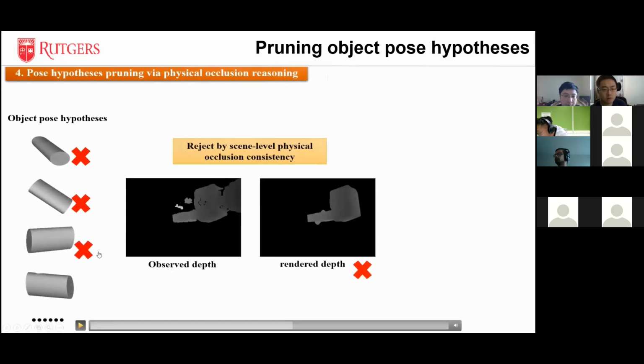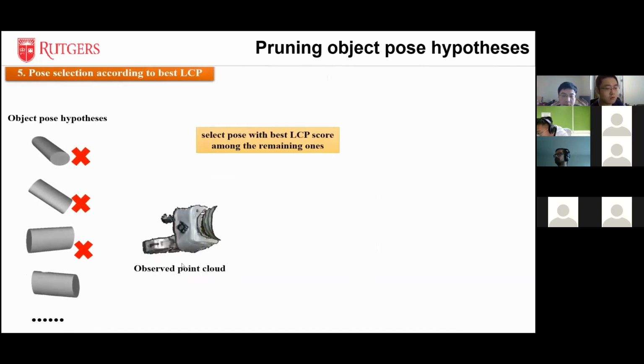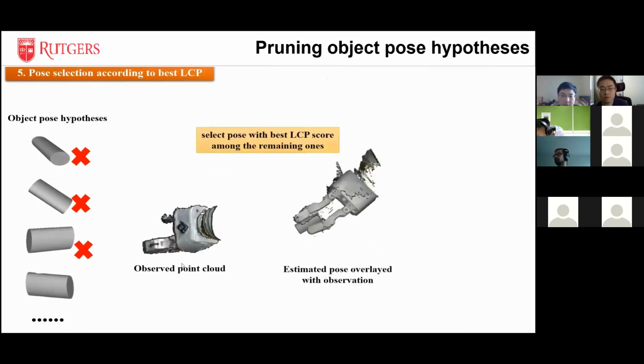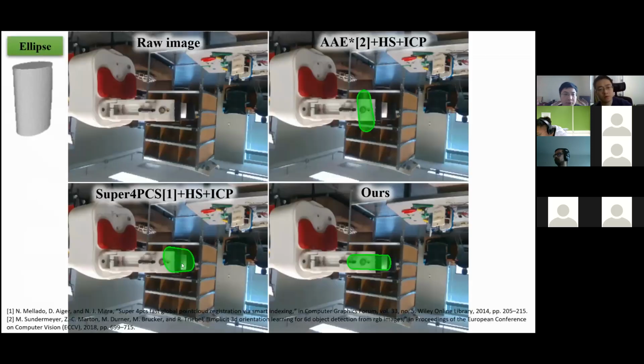So we use the hypothesized pose to render the object and compare the rendered depth versus the observed depth. Finally, we select the hypothesis with the largest common point size score. Yeah, here is the final estimated pose.